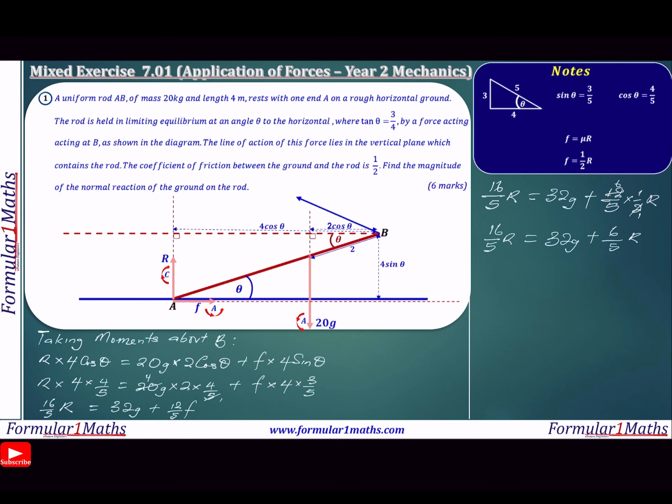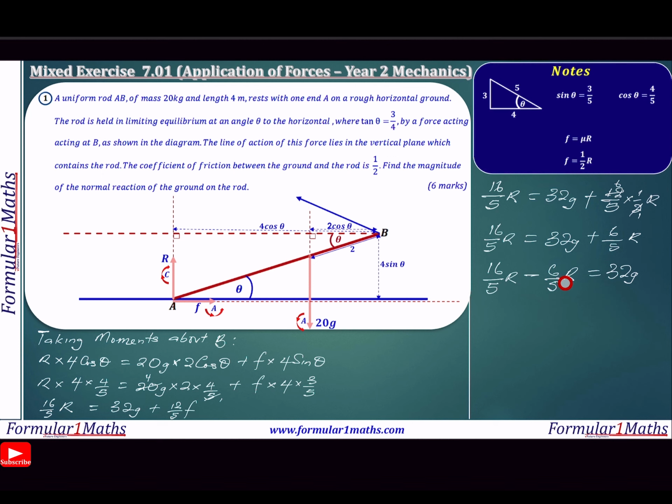I can now rearrange to make R the subject. If I do that, I'm going to get 16 over 5 R minus 6 over 5 R equals 32 G. But 16 over 5 R minus 6 over 5 R will give us 2R.